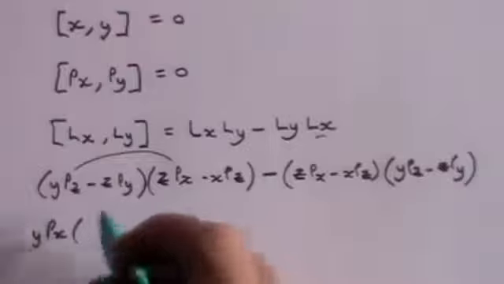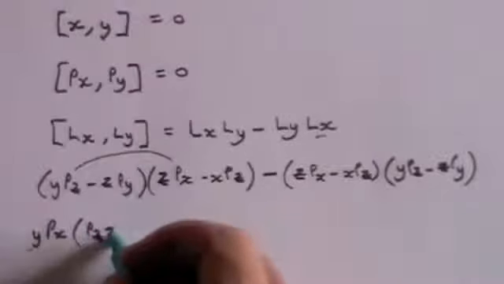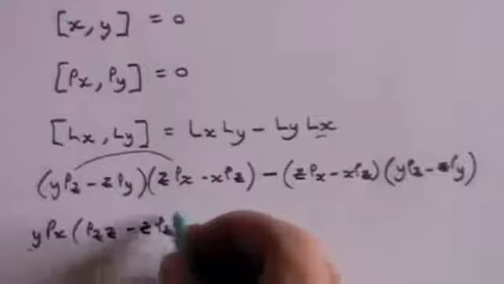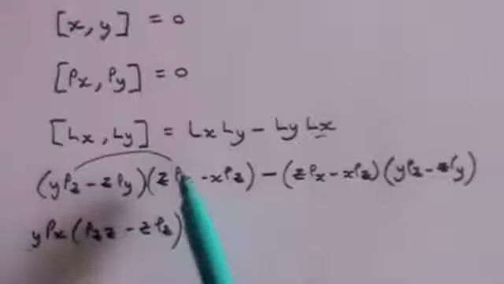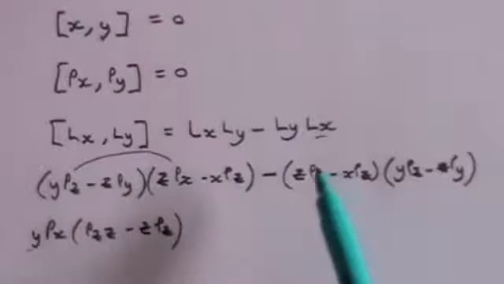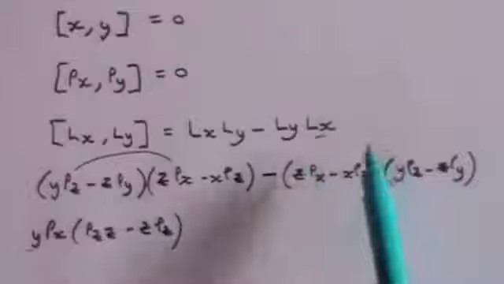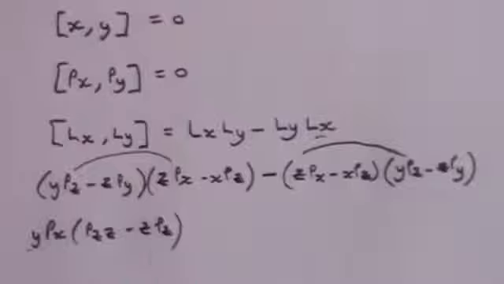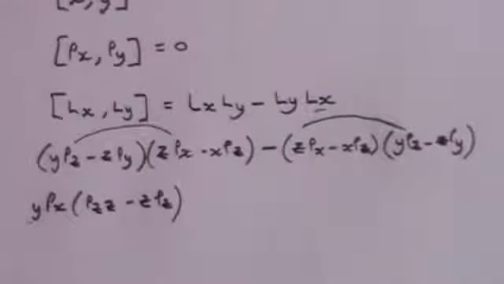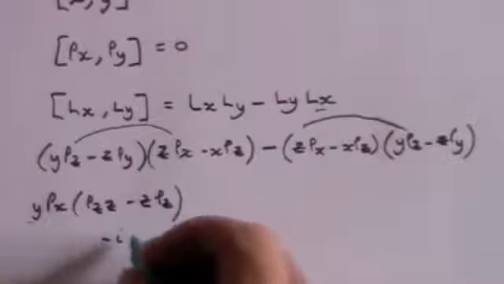But then you're going to get into pz z minus z pz. Y px pz z will come from this product, y px z pz comes from the similar product here. And the point is that pz z minus z pz is the commutator of pz with z, and that is not 0, because you can't measure them both at the same time. And that comes out to be minus iħ.